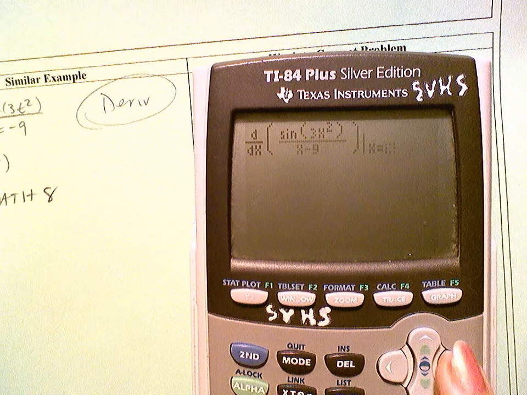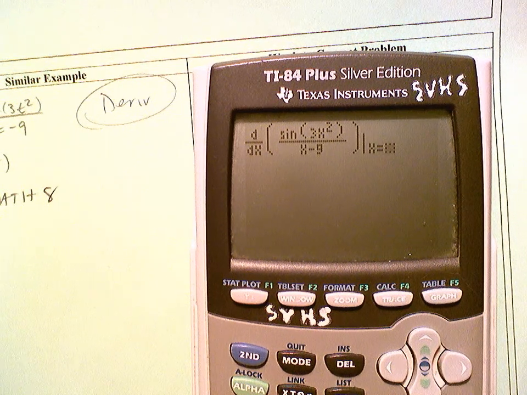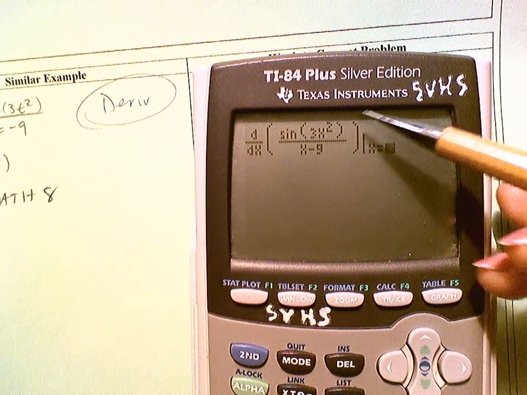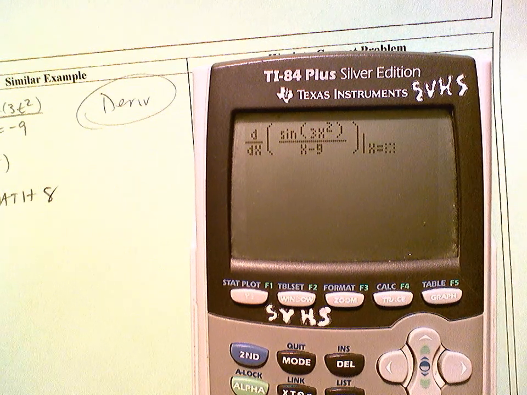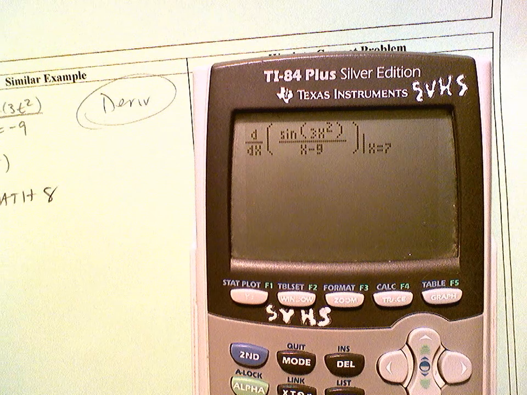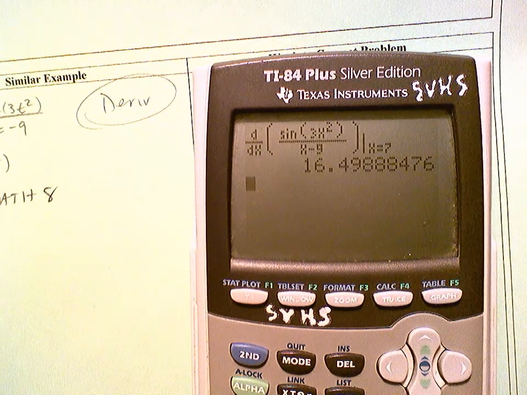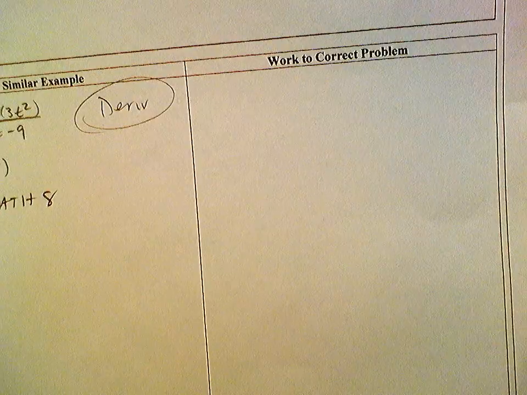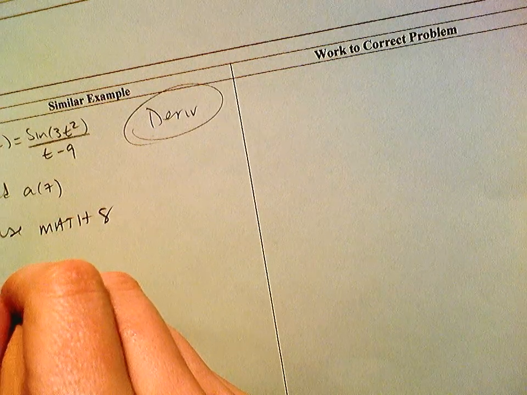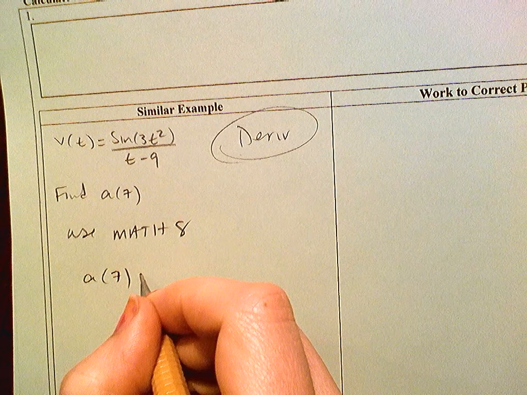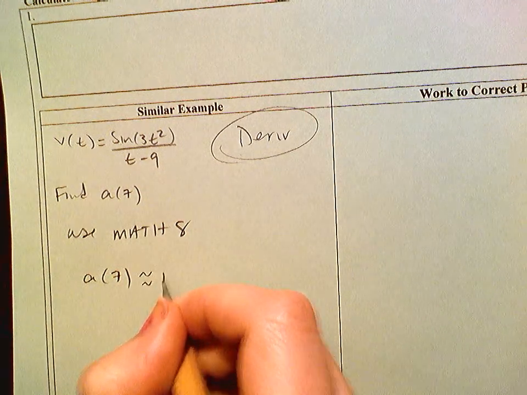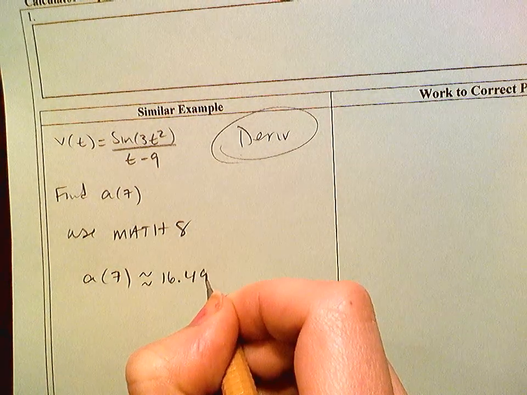And then over here, this means evaluated at, and you plug the number in. So evaluated at 7, and there it is. The acceleration at time 7 is approximately 16.4989.